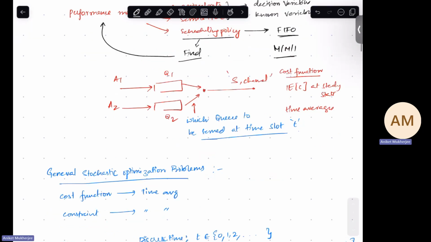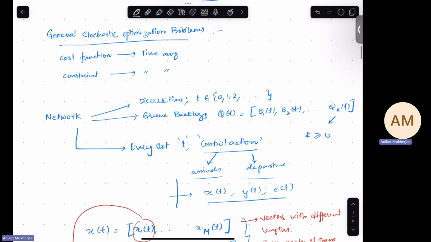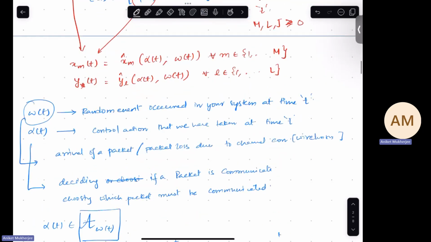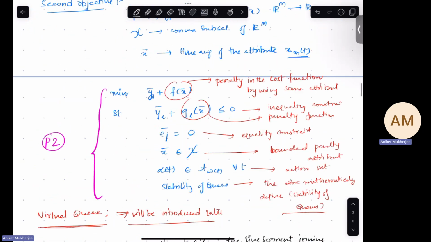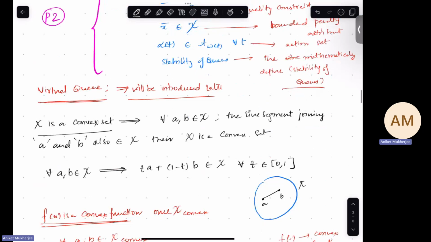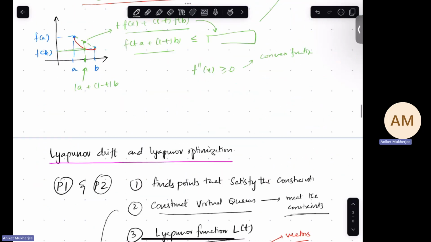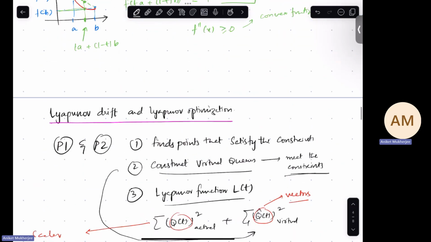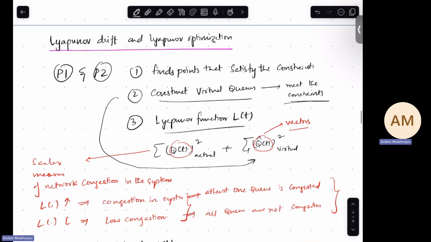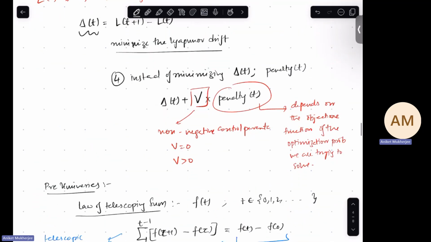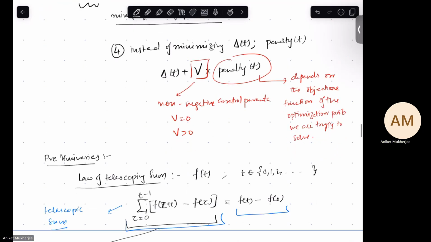So today we discussed some general stochastic optimization problems, how the general model is. We defined two types of stochastic optimization problems, and then we described the steps that we'll be using to solve these two types of problems using Lyapunov drift and Lyapunov optimization, the four steps. So what the drift means, what the Lyapunov function is, and all.